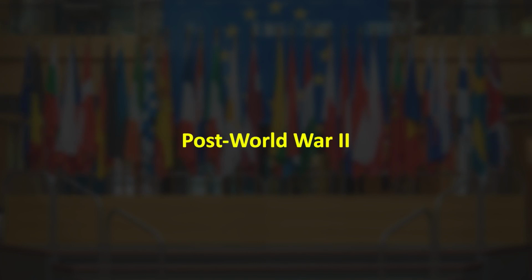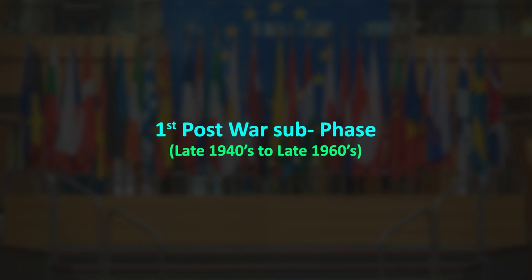Now, dear students, we will come to the post-World War II phase, and as already stated, it can be subdivided into three subphases. So, first is the post-World War subphase, that is late 1940s to late 1960s. The challenges and limitations of the pre-war comparative politics and research as well as methodology paved the way for more sophisticated use of methods and techniques to enrich the field of study.